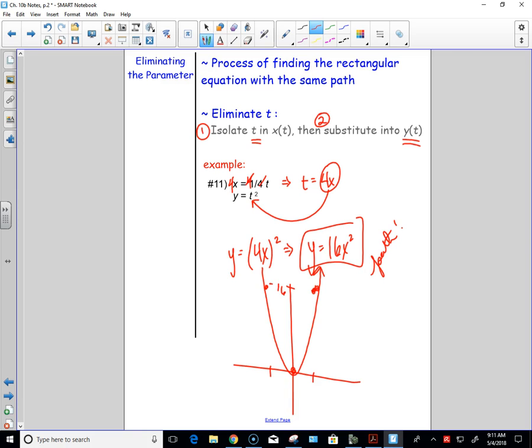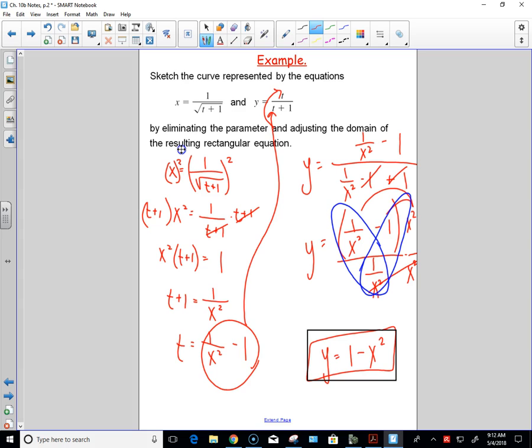Now, I wouldn't put arrows on it, just because parametric would show orientation, and without plugging in the t's and making a table, I don't know if it's going this way or if it's going that way. But to eliminate the t means, hey, you've got the t's in there, you have parametric, let's convert back to function. And that's what we did on this example. He was just a little bit harder, algebraically, like the algebra was harder.